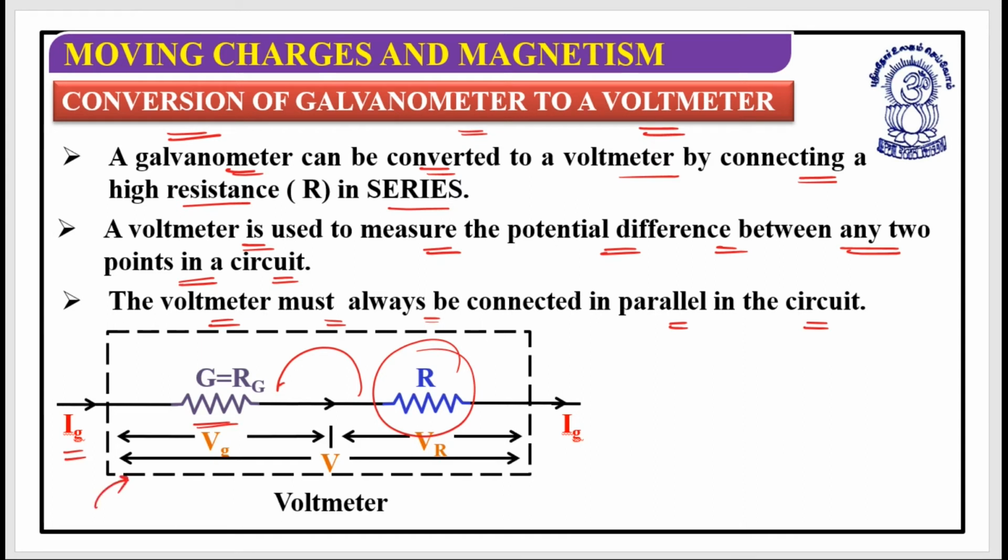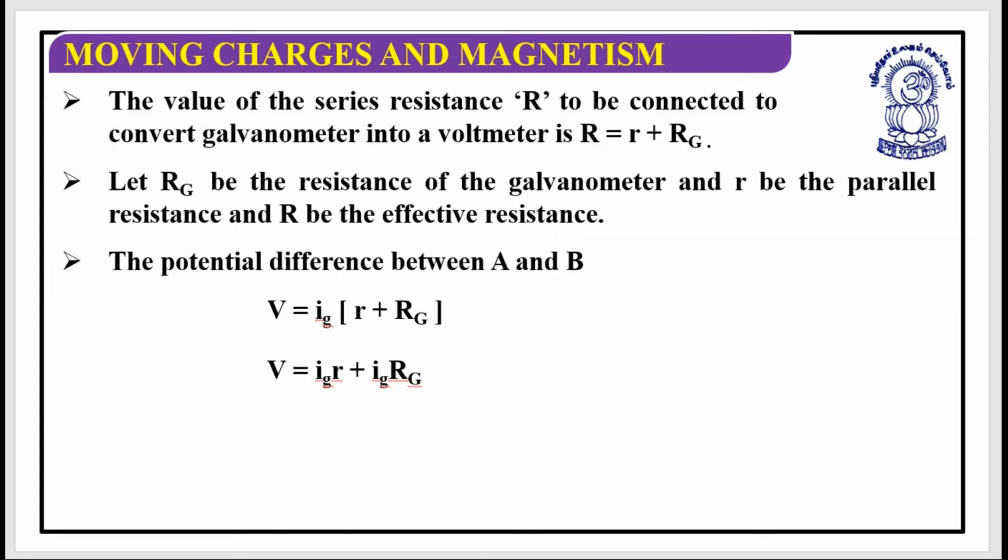So now this complete construction can be called a voltmeter, which is used to measure the voltage, or potential difference, across a resistance or across two terminals.